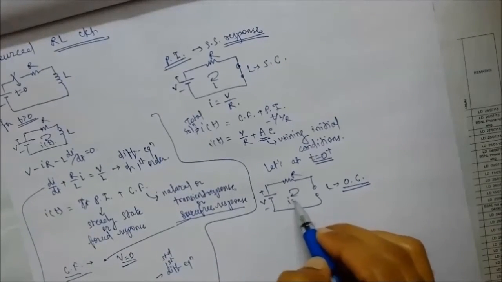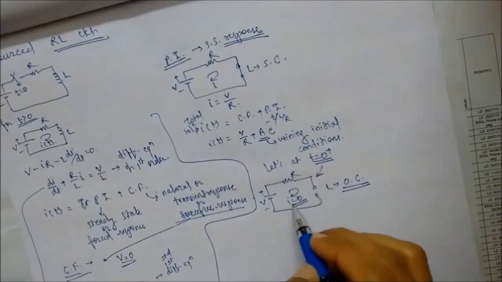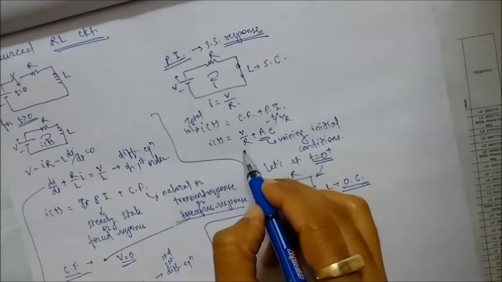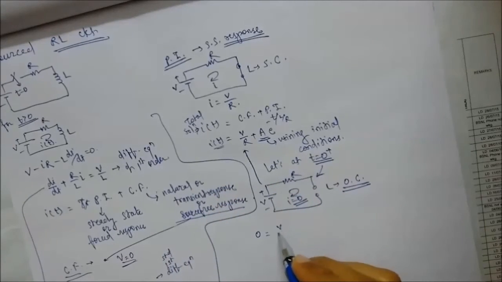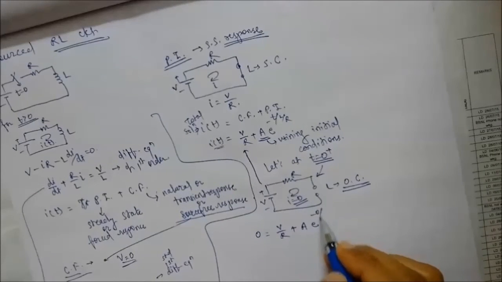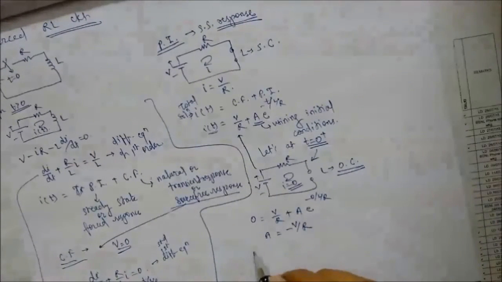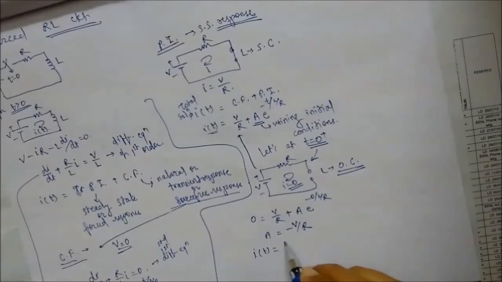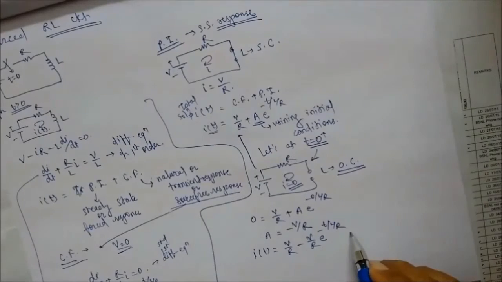So the value of current will be 0 at t equal to 0 plus. Substitute this condition in the total solution. What is the value of i(t) we get? 0. That is equal to V by R plus A e to the power minus 0 upon L by R. That means A will be given as minus V upon R. So the complete solution is V by R minus V by R e to the power minus t upon L by R.